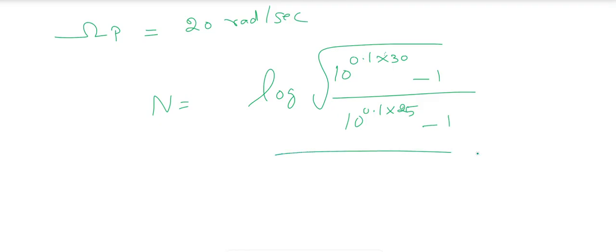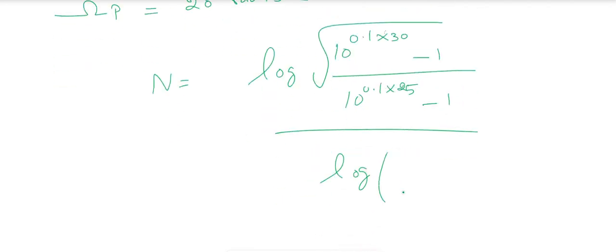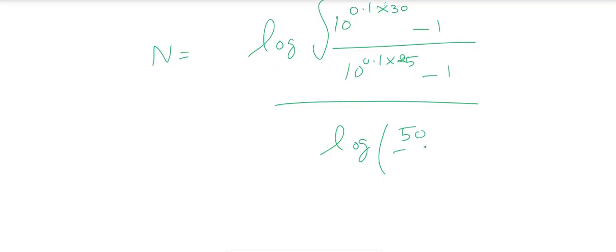Divided by log of omega s by omega p, which is the stop band edge frequency 50 by 20, so 5 by 2, that is 2.5.